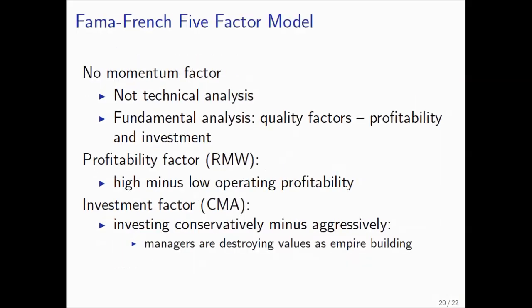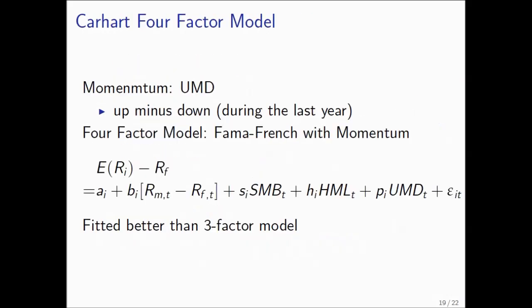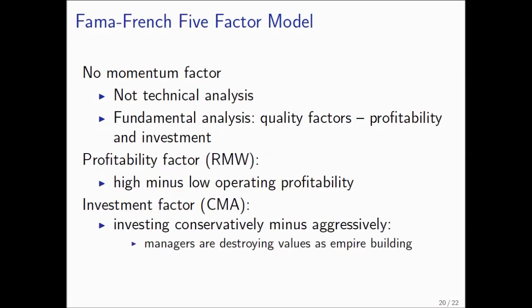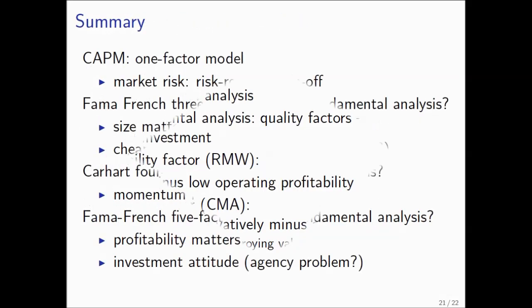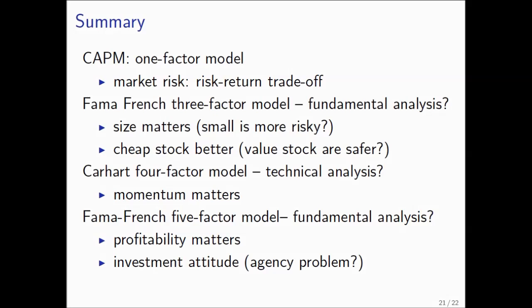So if you run it, of course, you have a similar equation, but with two more factors, and it actually performs better. Okay, a couple of conclusions. We have gone over all the factor models. We know the factor model basically can come from consumption-based capital asset pricing, and when the stochastic discount factor is of linear form, then we have a factor model.